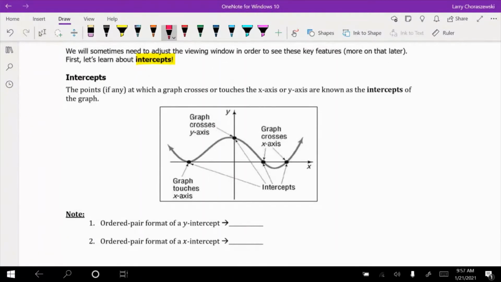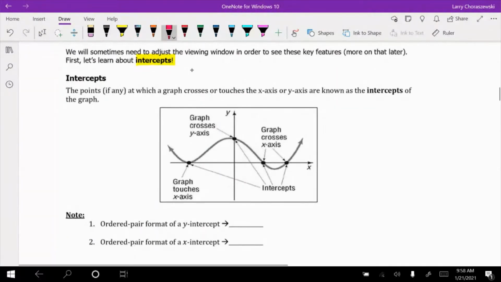Intercepts are points where the graph crosses or touches the x-axis or the y-axis. If there's any part of the graph that's crossing or touching those axes, those are considered to be intercepts.